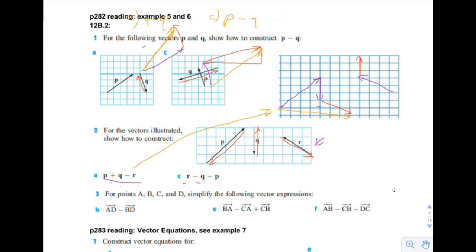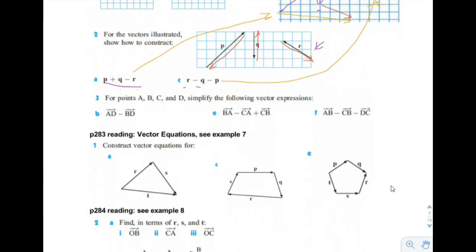And then minus P would be going to the left 4 and down 4. So it would be like that, right? Down 4 and left 4. Okay. And it's the exact opposite of the first one. It looks the same, but it's pointing in the opposite direction.